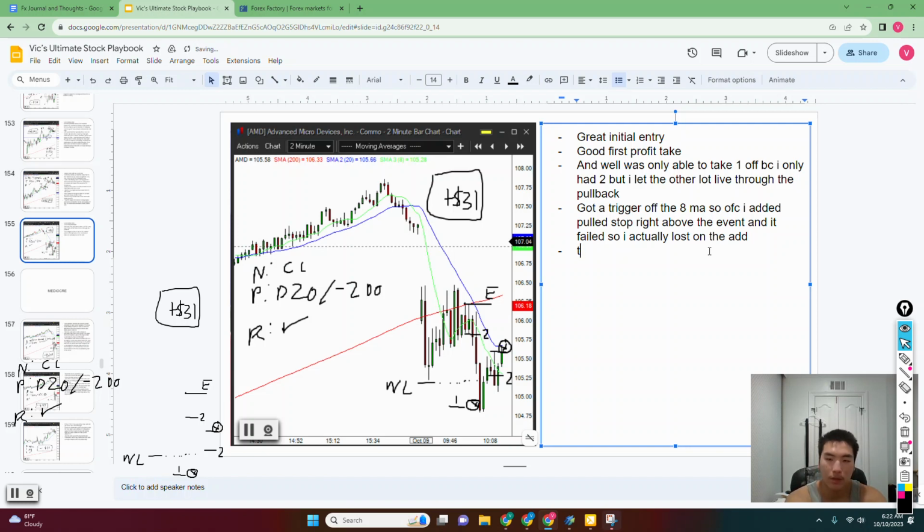Things to improve. Maybe add lighter on the AMA pullbacks, on the AMA events, because that's typically where it double dips.